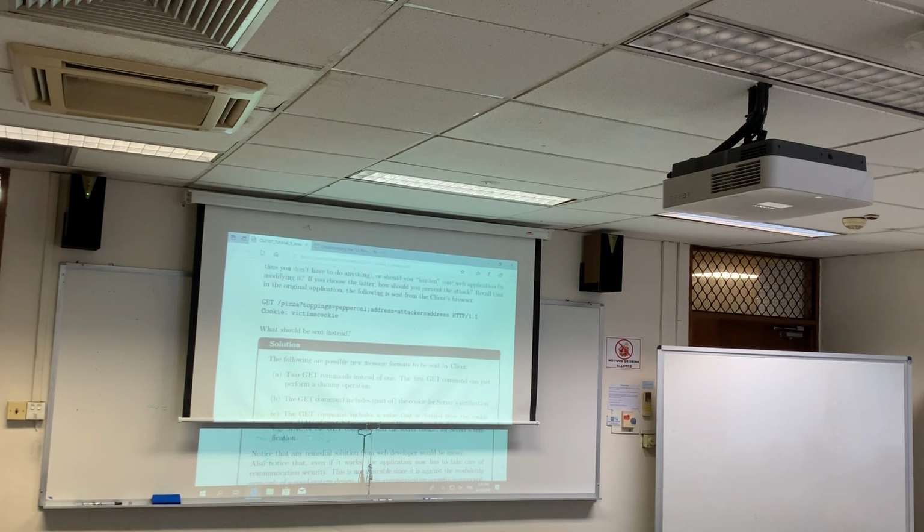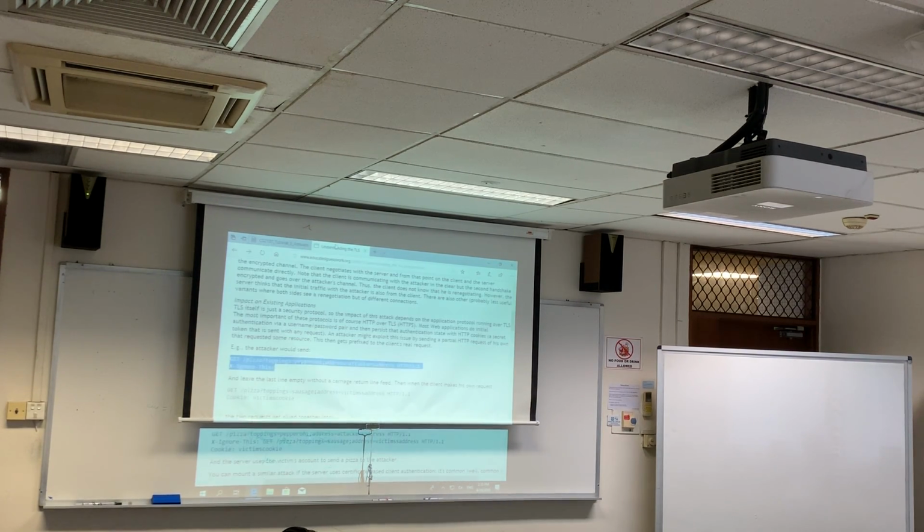And for the second one, the get command includes the cookies for service verification. So this means if we find that this command has no cookie, or the cookie is not right, the server will just drop those messages. Okay, so we can find that in the message sent by the attacker there is no cookie, and when the server verifies this, it will simply drop it.